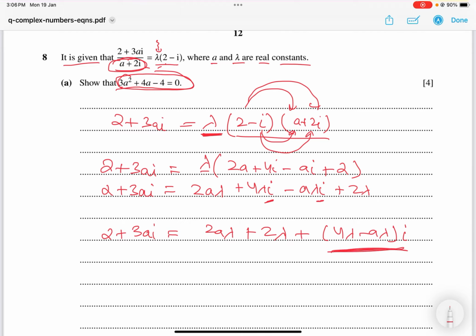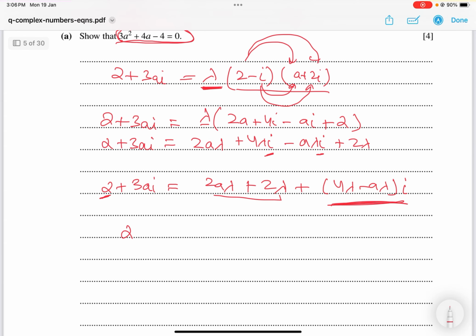Yes or no? Now look at it carefully. We know that the real part equals to 2. So 2 equals to 2a lambda plus 2 lambda. Alright. And we know that the imaginary part equals to 3a. So we have 3a equals to 4 lambda minus a lambda.